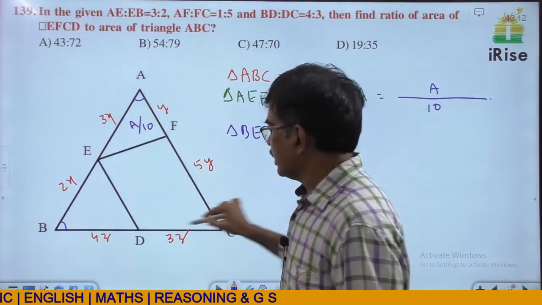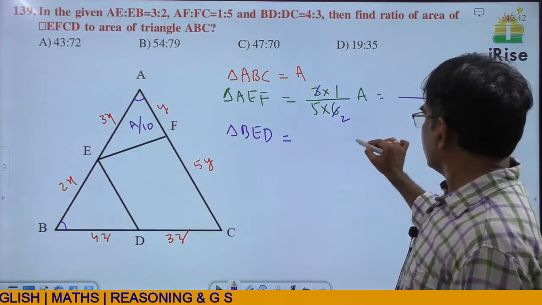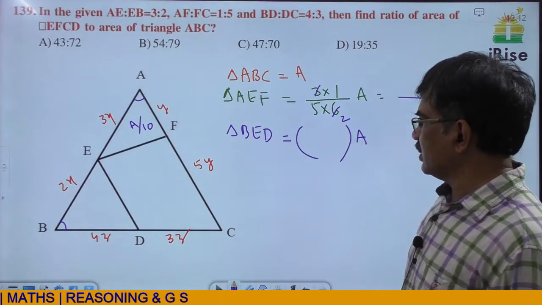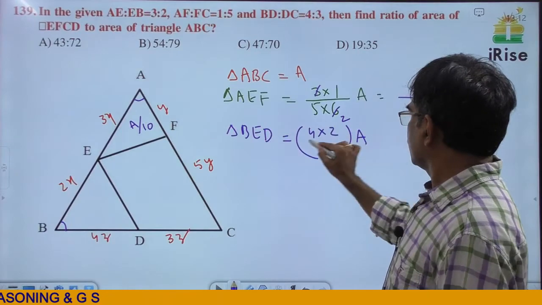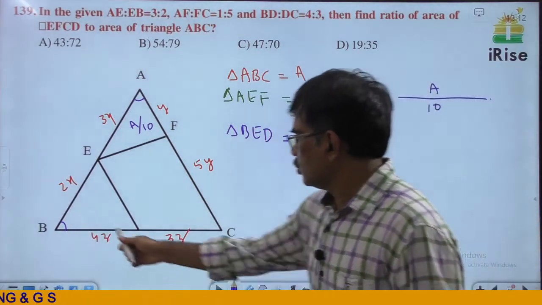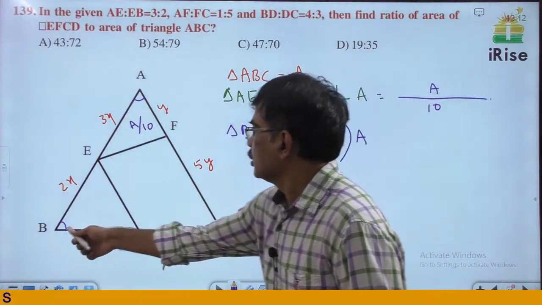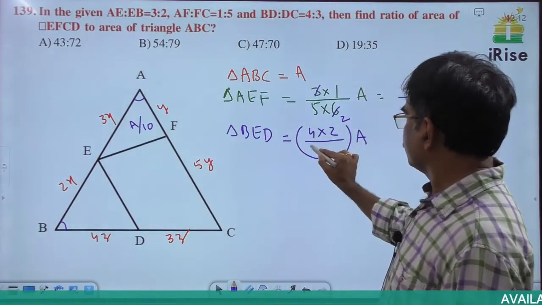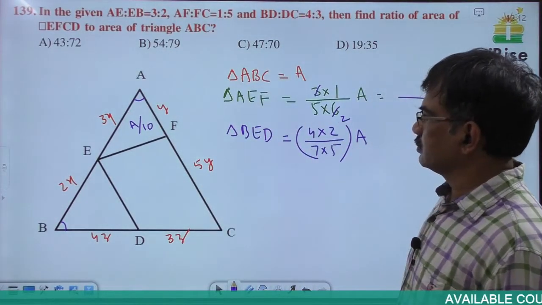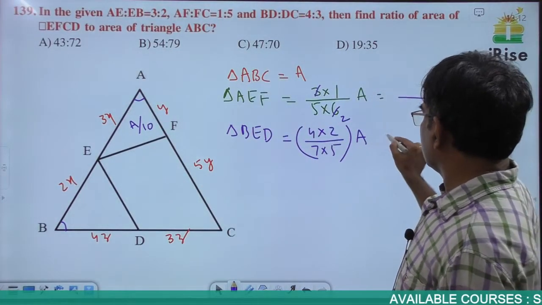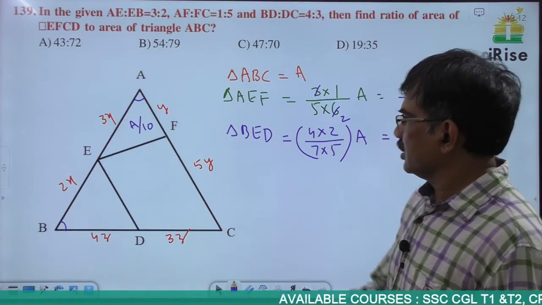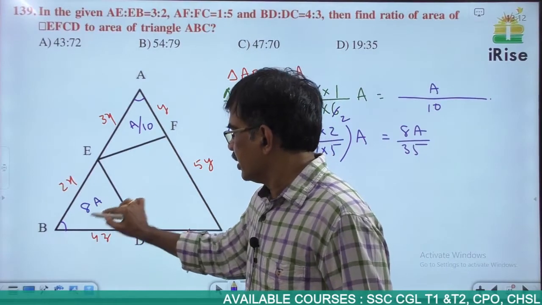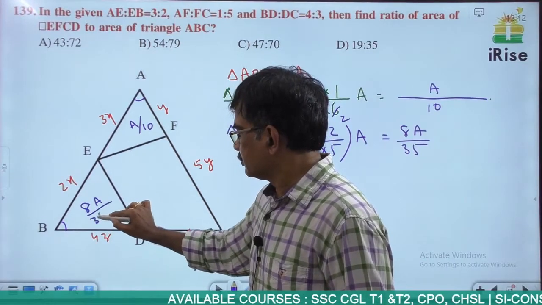If the total area is A, then which part of this is it? 2 into 4 by total 7 into 5. This is nothing but 8A by 35.